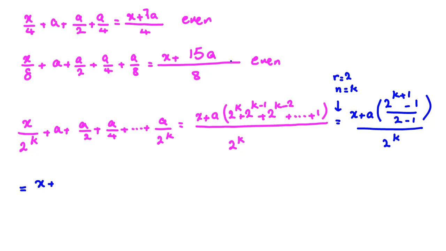We are analyzing, and these things are for ourselves. We want to find the idea and then generalize it for general M. M was the numbers on the blackboard. So X plus A times 2 to the k plus 1 minus 1 over 2 to the k.